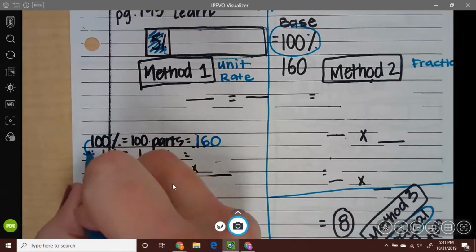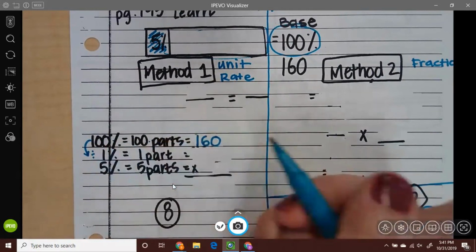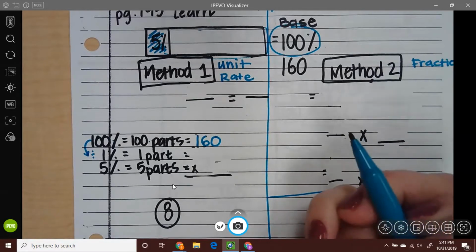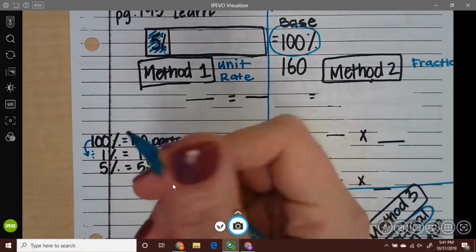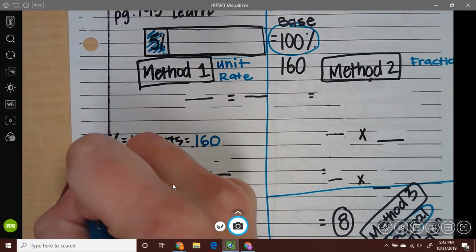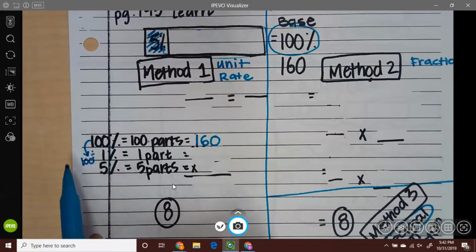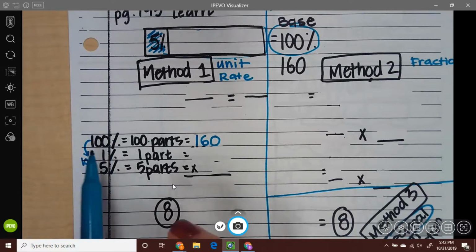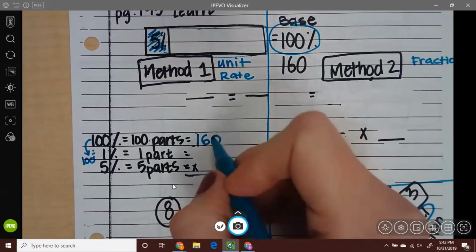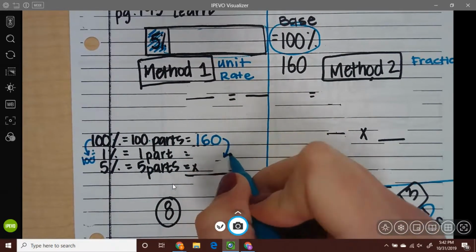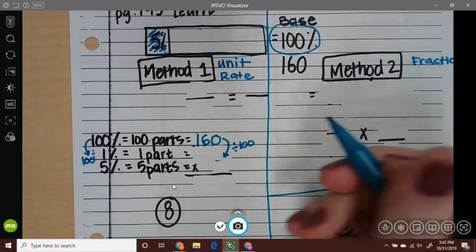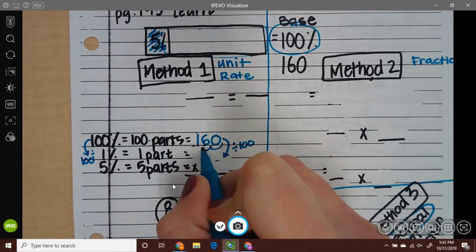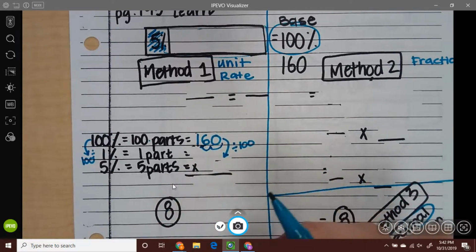You could do 100 divided by 1 and get the answer. This is where sometimes it's funny because you've known this math fact for a long time, but you'll think you need your calculator to figure it out. And then using proportions, I do the same thing over here. 160 divided by 100, I would just move my decimal place 2 to the left. So 1 part would be 1 and 60 hundredths, or I could say 1 and 6 tenths. That would be fine.